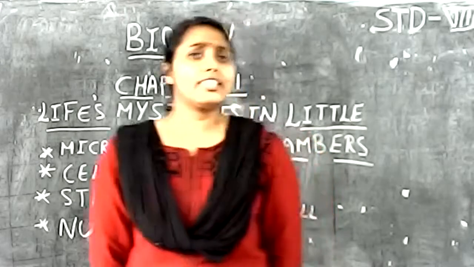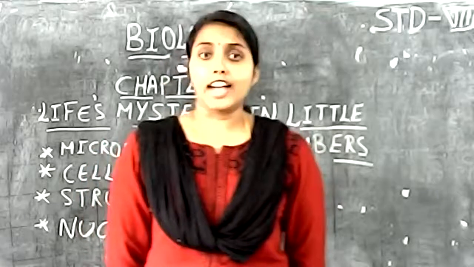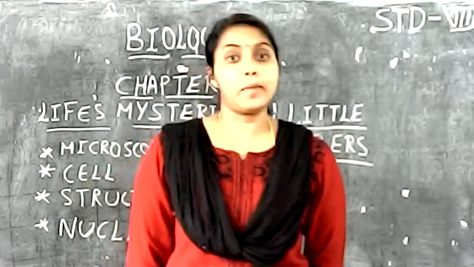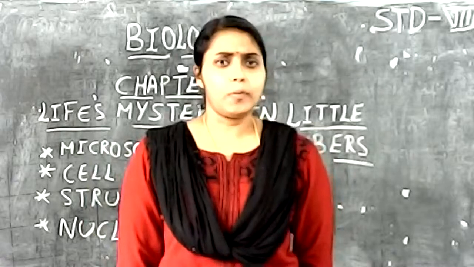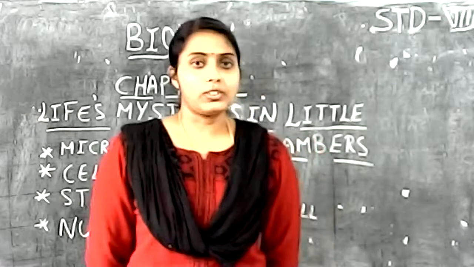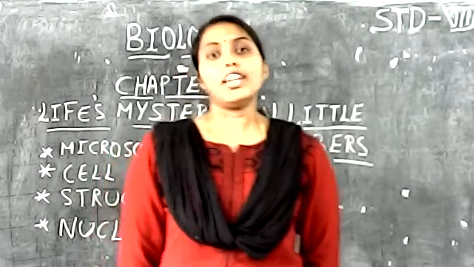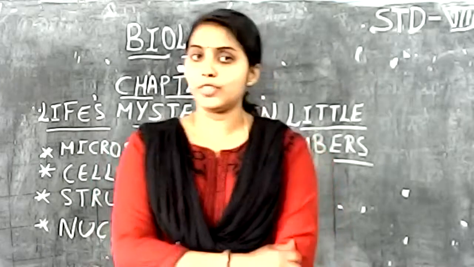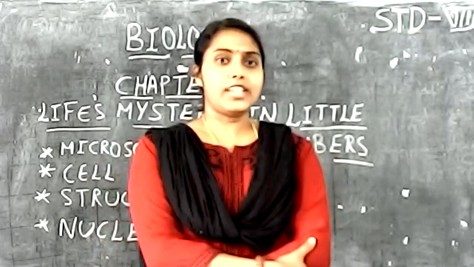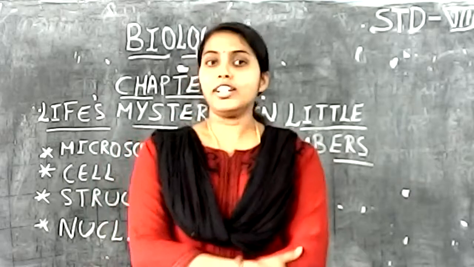So, what are the things we have studied in our last classes? We have studied about the microscope, the parts of a microscope, and different types of microscope. What is a microscope? A microscope is used for viewing the objects that we can't see with our naked eye.